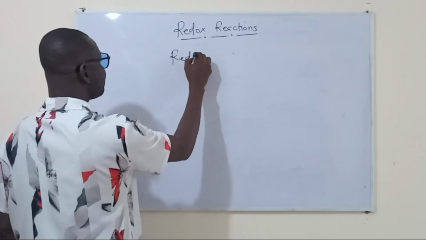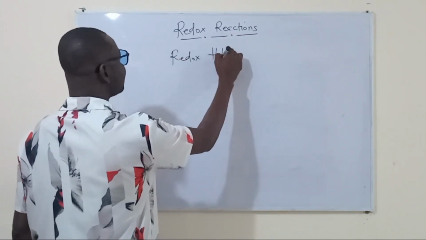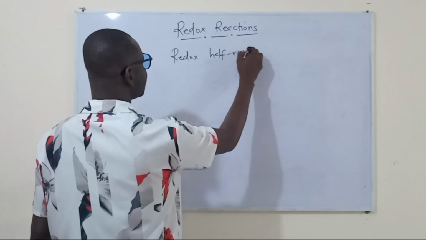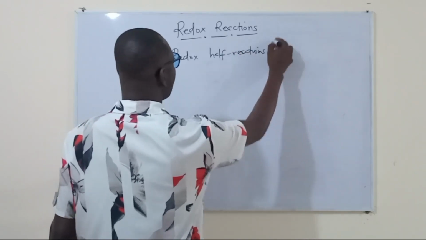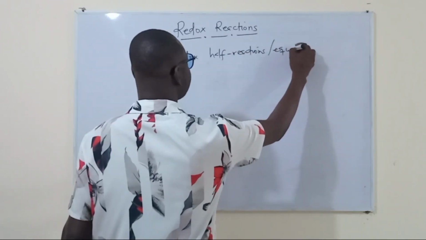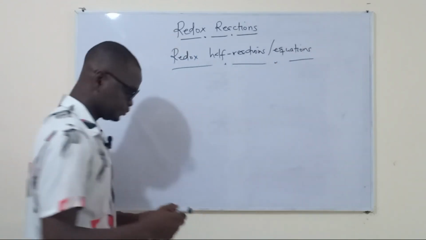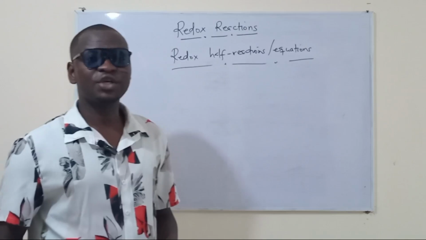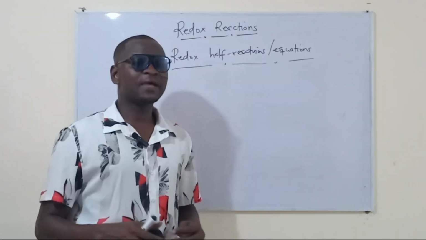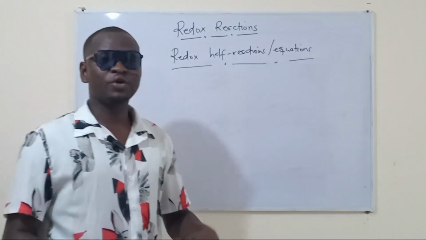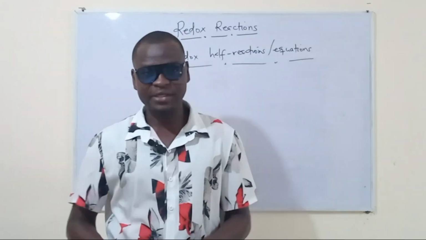A redox half reaction or equation is an equation that has both an oxidation part and a reduction part.